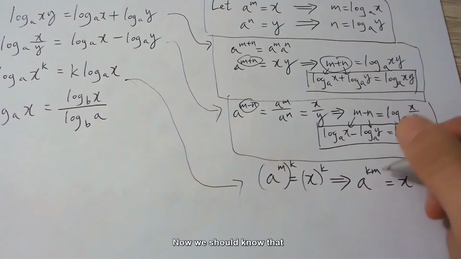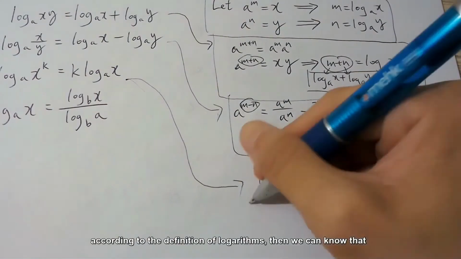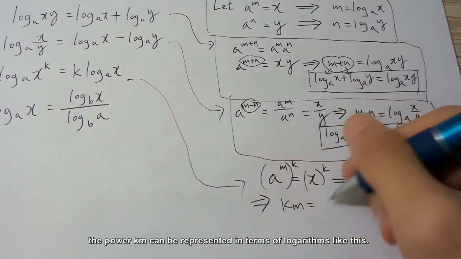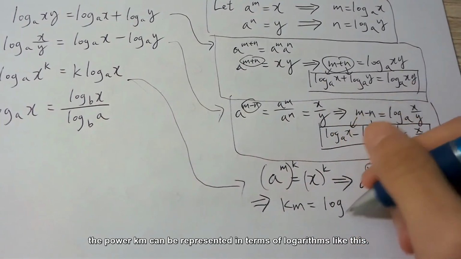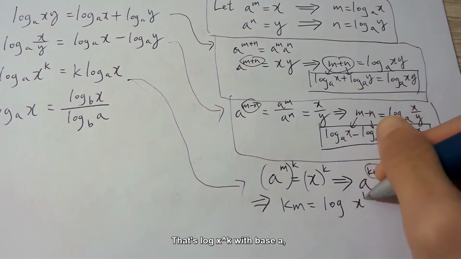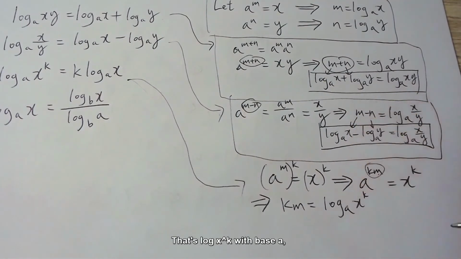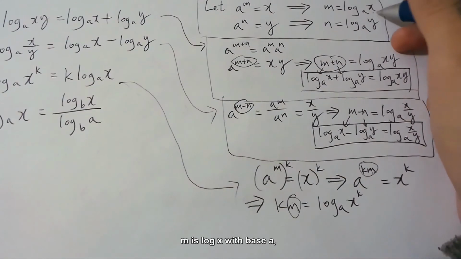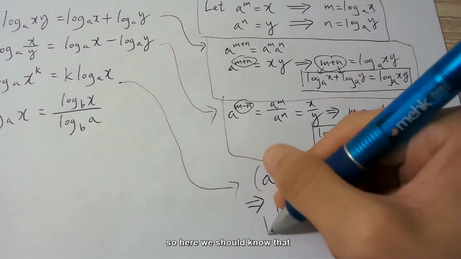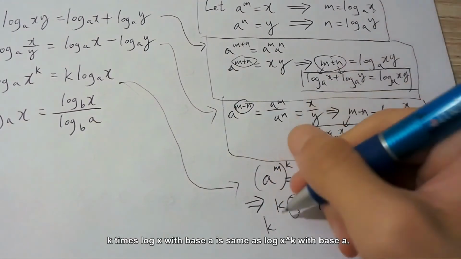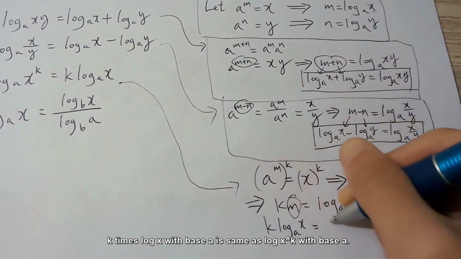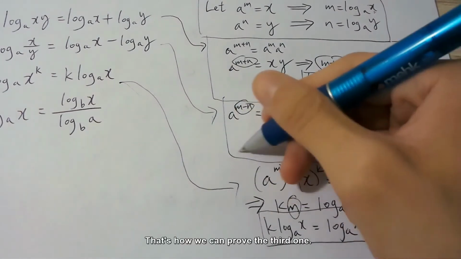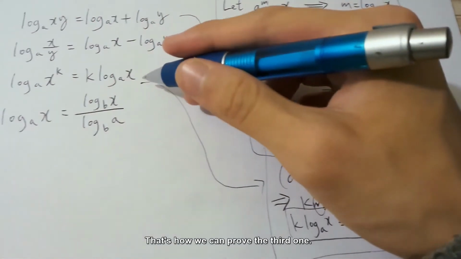According to the definition of logarithms, the power km can be represented in terms of logarithms like this: log x to the power k with base a. But we already know that m is log x with base a. So k times m is k times log x with base a, and this is the same as log x to the power k with base a. And that's how we can prove the third one.